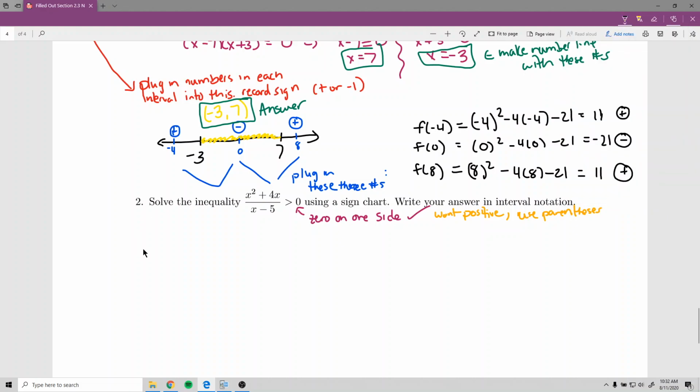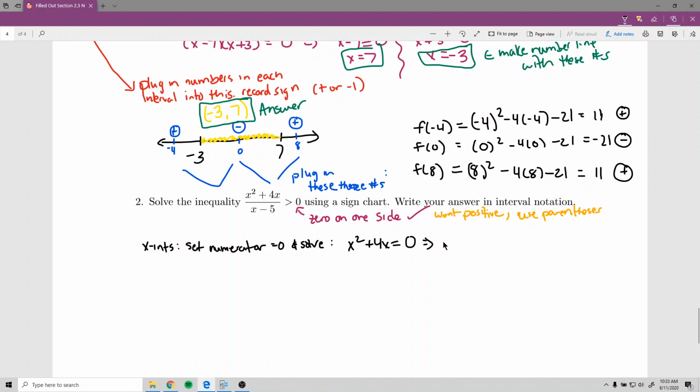So what we want to do is figure out the x-intercepts first. And that means set the numerator equal to 0. This one's actually a fraction, so saying that makes a little more sense. So we've got x squared plus 4x equals 0. Solve that.